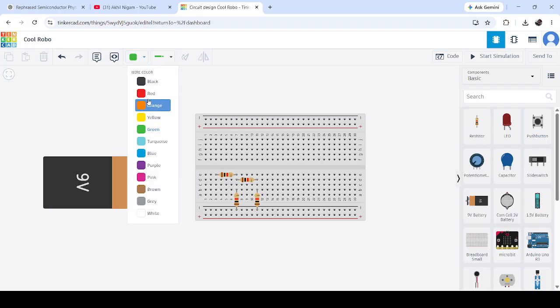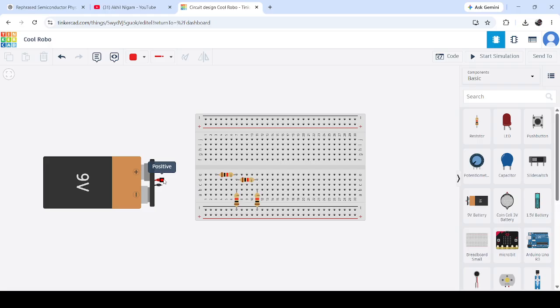The positive terminal of this battery is connected to the first terminal of resistance R1, so I will connect accordingly. In the breadboard, this part is vertically shorted and this plate is horizontally shorted, so by keeping it this way, we will design.